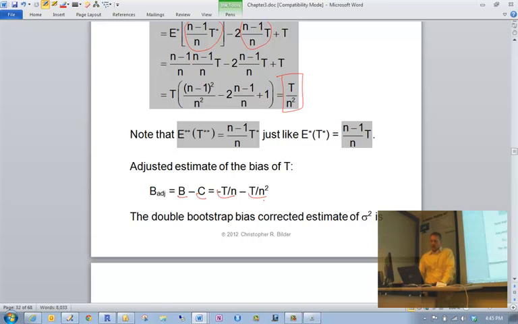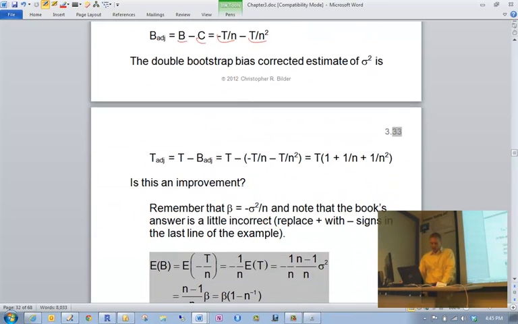So the double Bootstrap bias corrected estimate of sigma squared then, T adjust, is T minus B adjust, or T minus what I had for B adjust. We just look at the end result. It's this. Okay. What is happening to this estimator? Is it going up or is it going down?